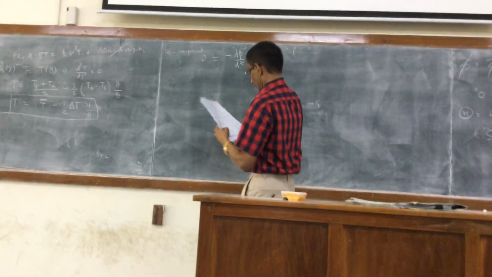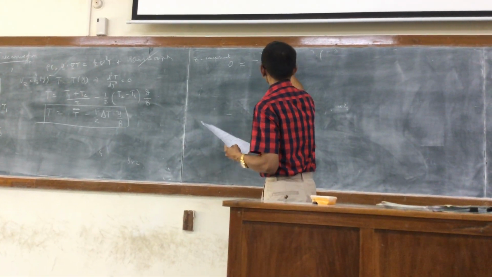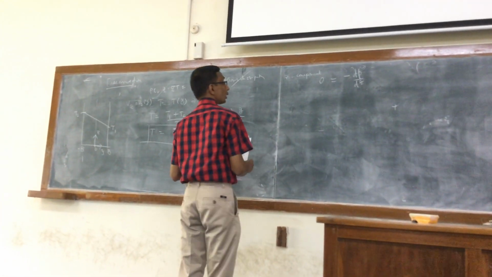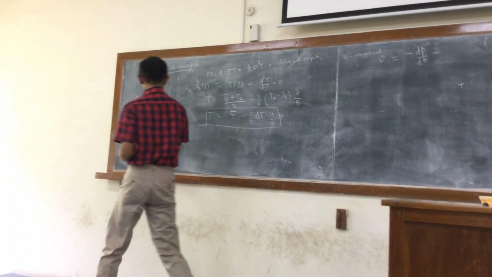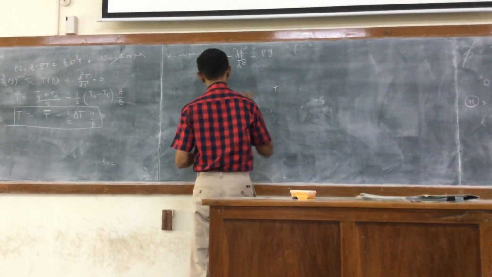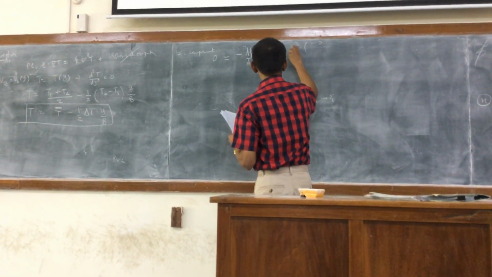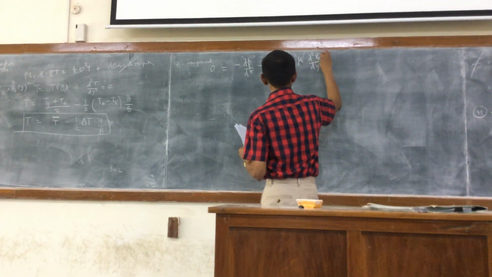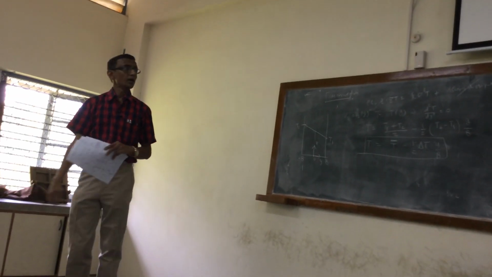right? And then we have the effect of the body force, that would be minus rho g, and then I have plus the viscous term, which would be the Laplacian of the v in the z direction.